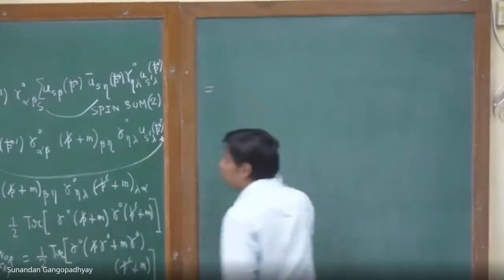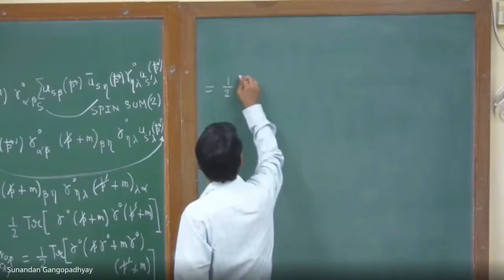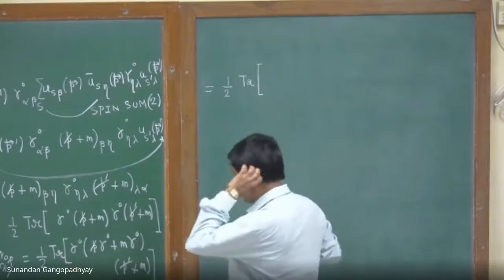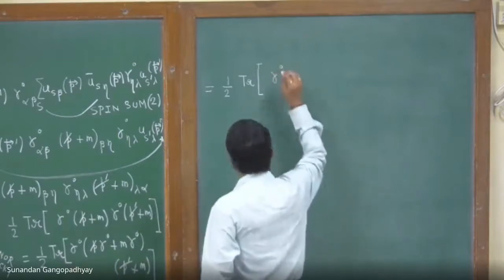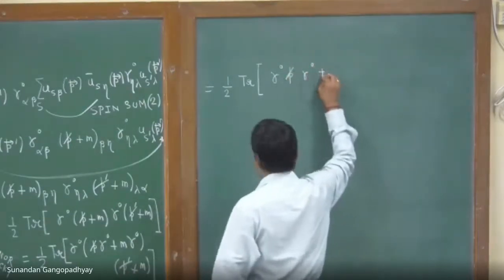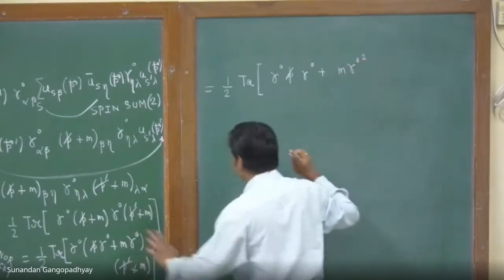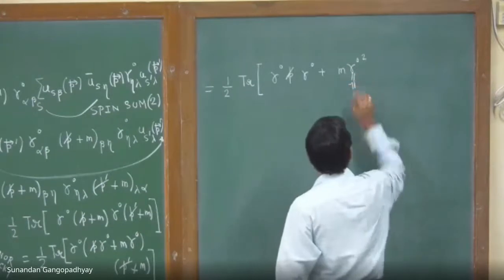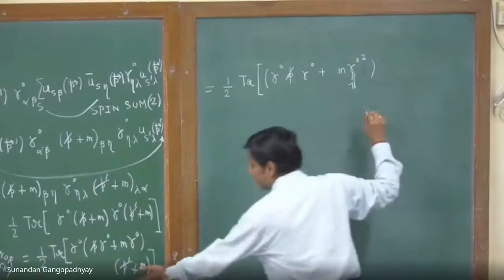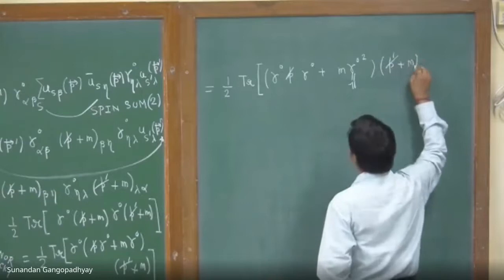This is therefore equal to half trace of, we need to multiply now. This will give us gamma 0 P slash gamma 0 plus m gamma 0 squared. But gamma 0 squared, you know, is identity. This is one of the properties of gamma matrices. And then we have this factor, P prime slash plus m.